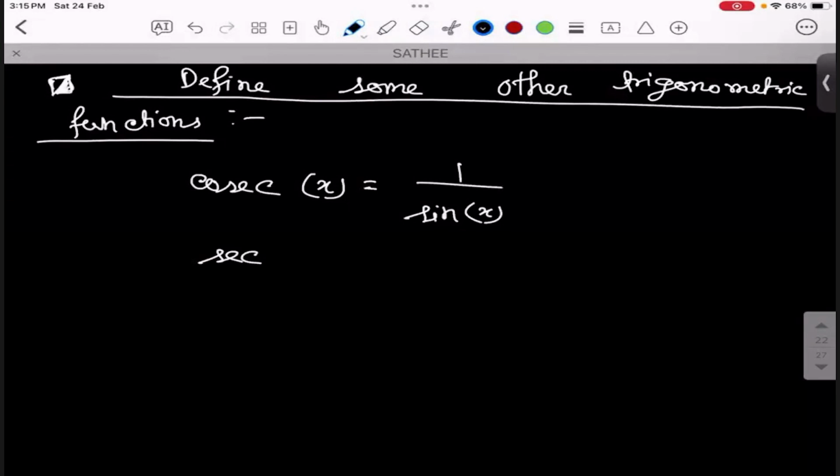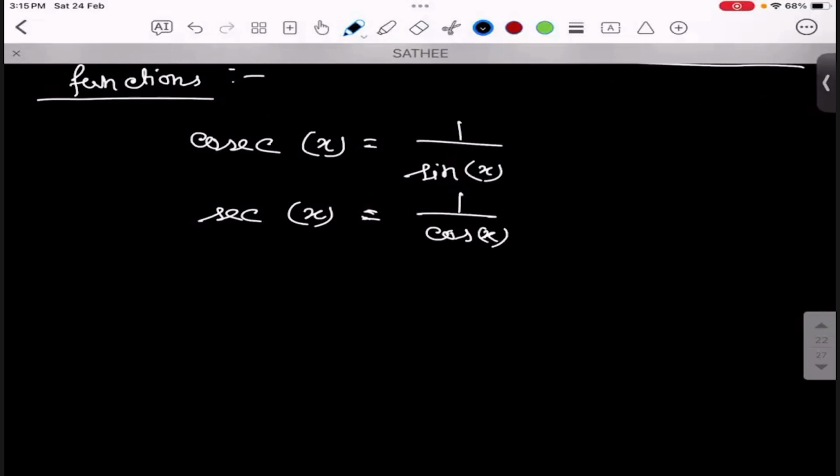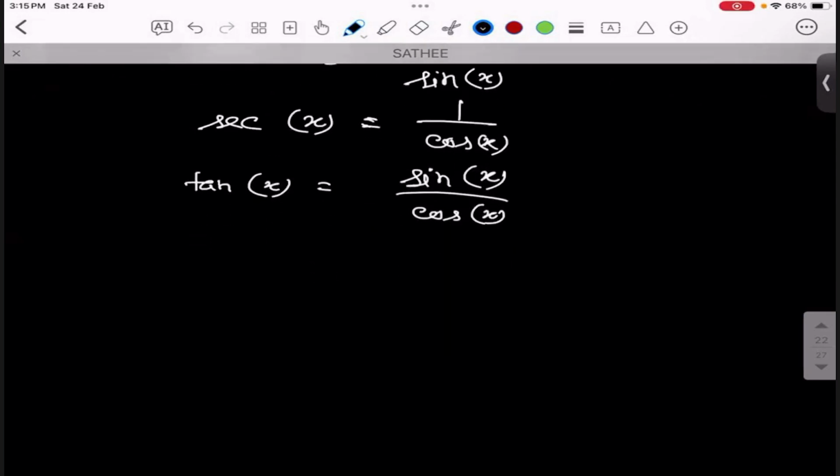Next is sec of x, which is nothing but 1 by cos x. Third is tan x, which is nothing but sin x divided by cos x. And the fourth one is cot x, which is nothing but cos x divided by sin x.